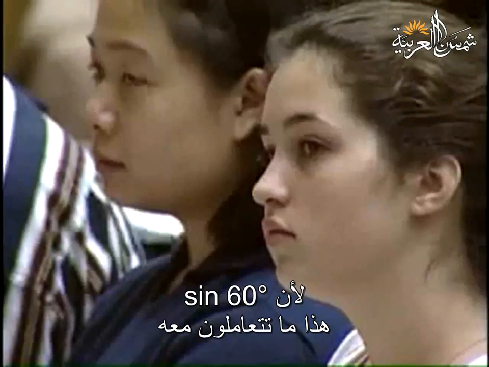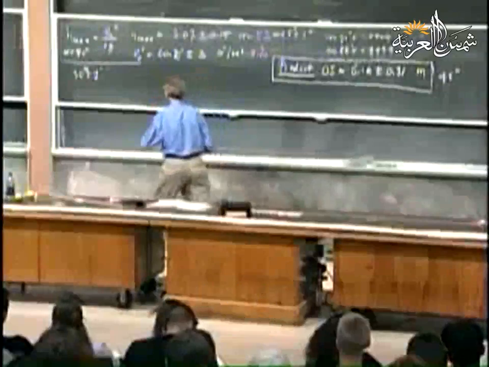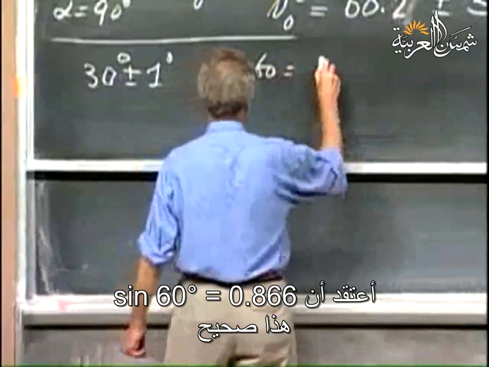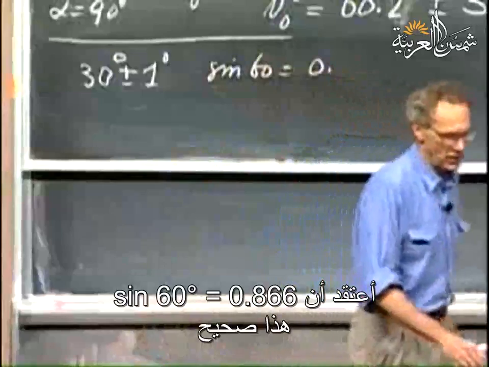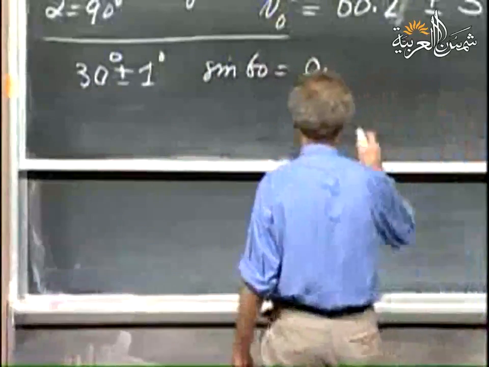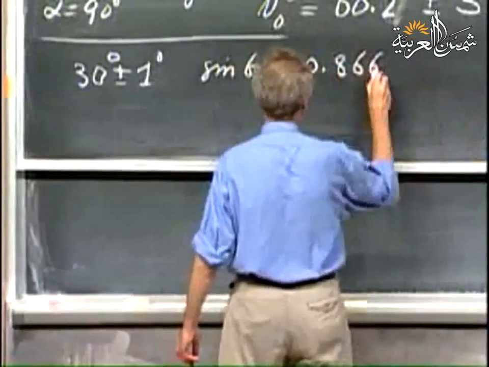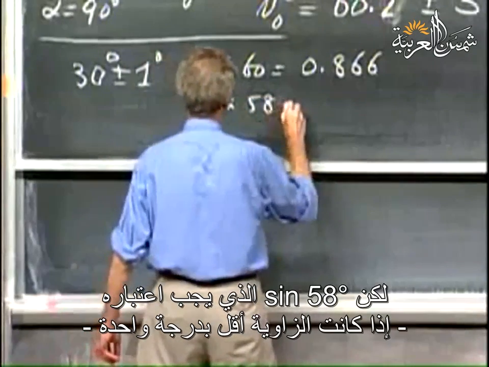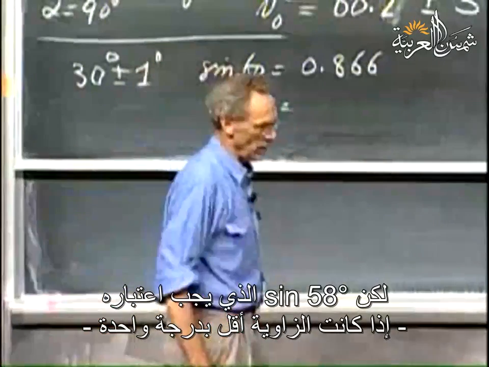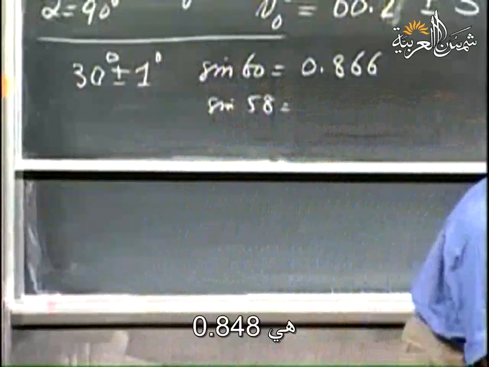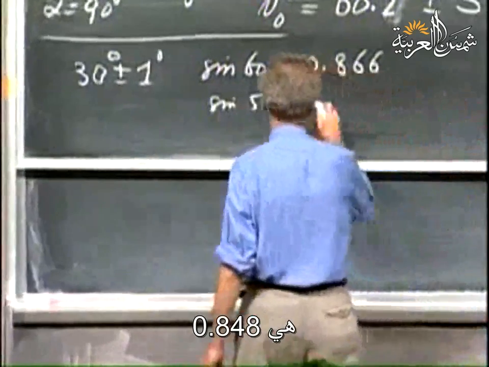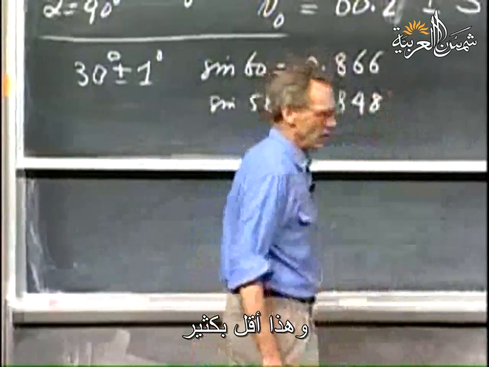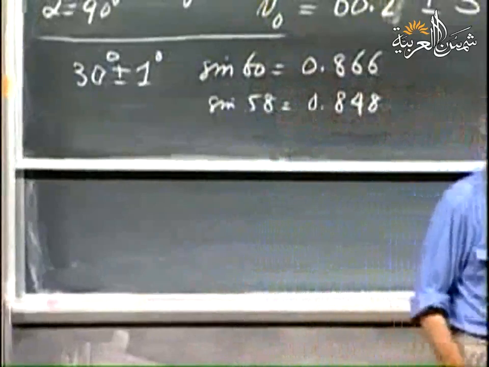Because the sine of 60 degrees, that's what you deal with. The sine of 60 degrees, I think, is 0.866. That's right. But the sine of 58 degrees, which is possible if I'm 1 degree under, is 0.848. And that is substantially lower.